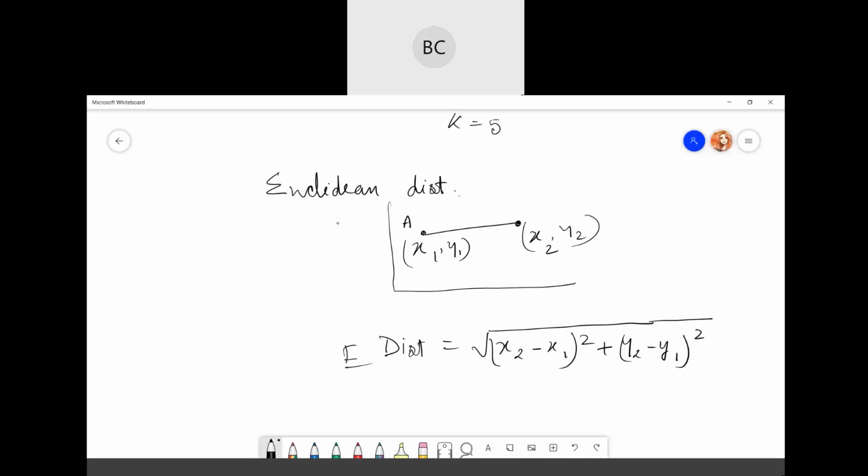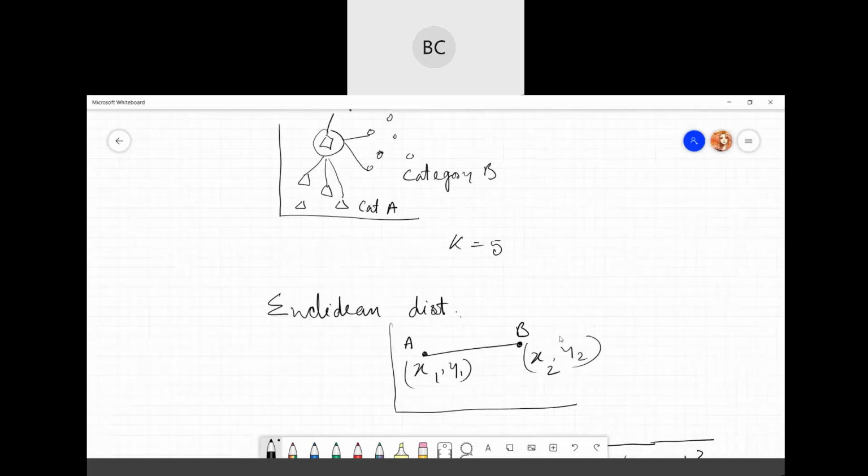Okay, suppose this is the point A, this is the point B. These are the coordinates for A and coordinates for B. So you find the distance like this, Euclidean distance. By calculating the Euclidean distance, you get the nearest neighbors.